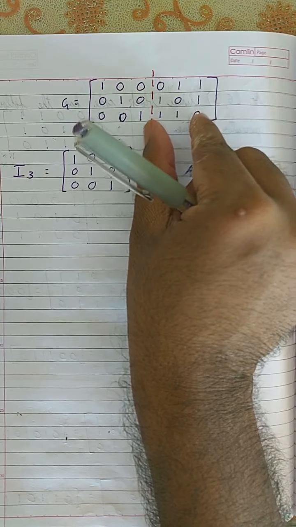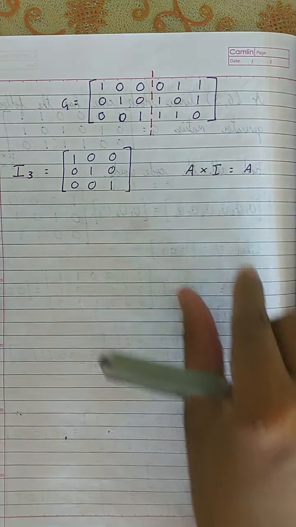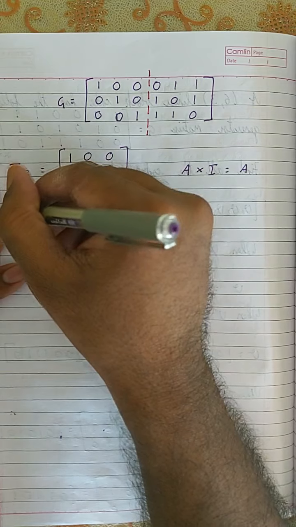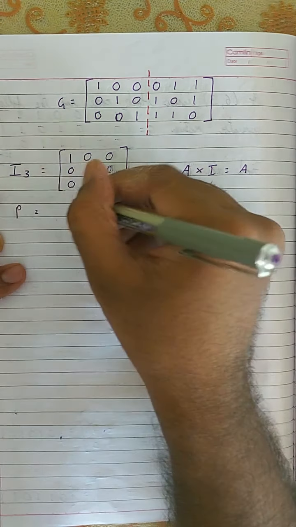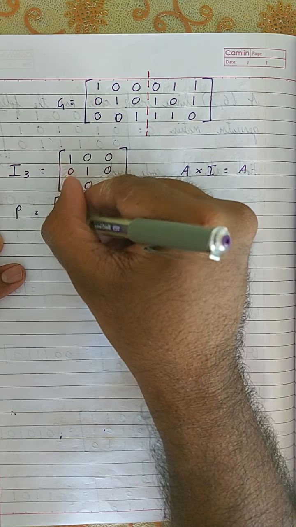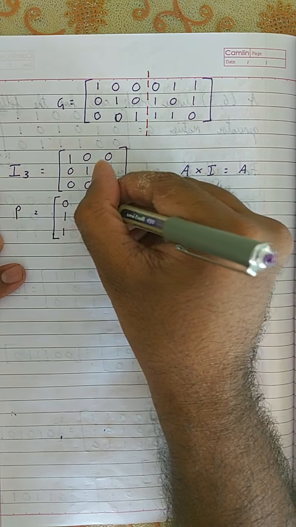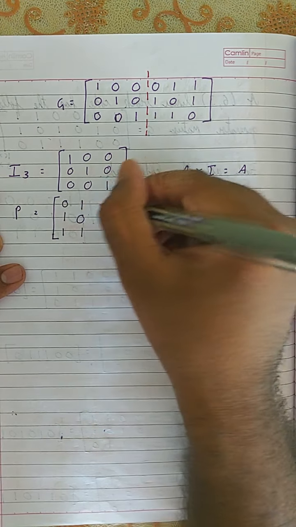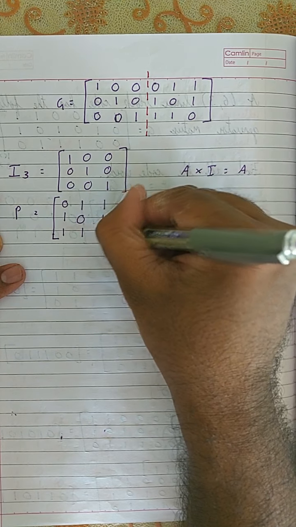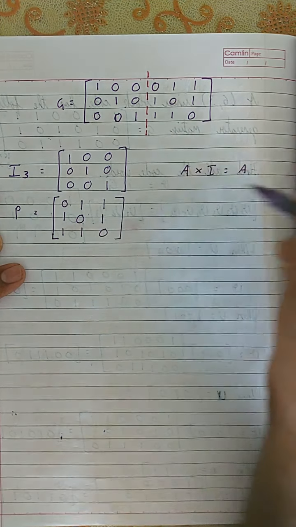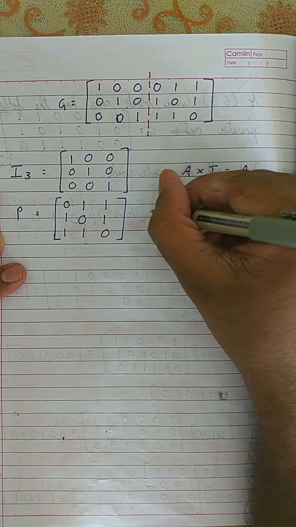The other portion, the remaining portion of this matrix, is what you call the parity generator matrix. That is this matrix over here: 0, 1, 1, 1, 0, 1, 1, 1, 0. This is called the parity generator matrix.